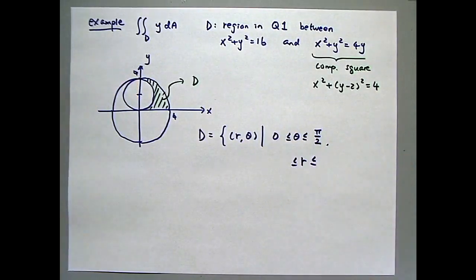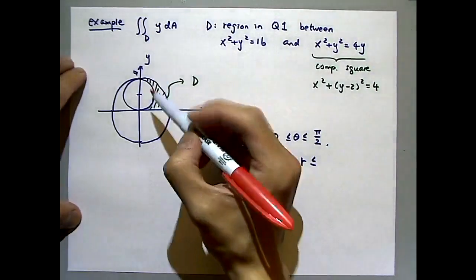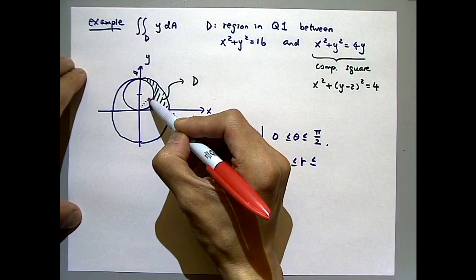What about r? How would you describe r in that region? Who wants to give that a shot? Good. Excellent. Very good. So notice what happens when you accumulate these.